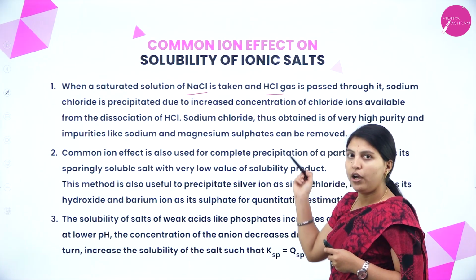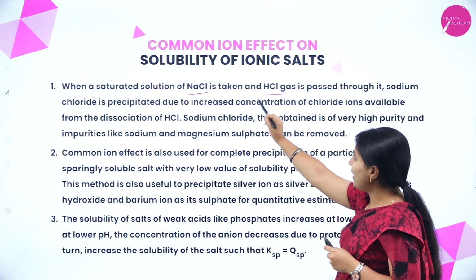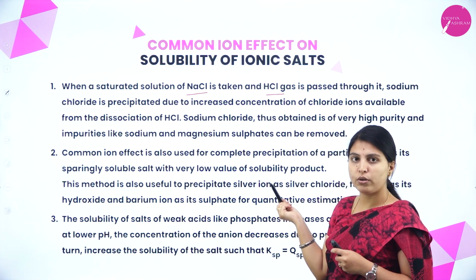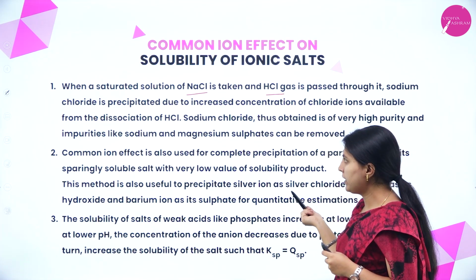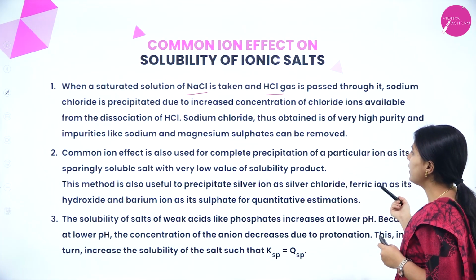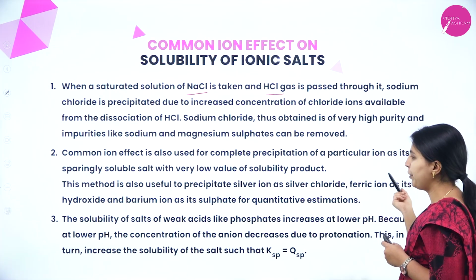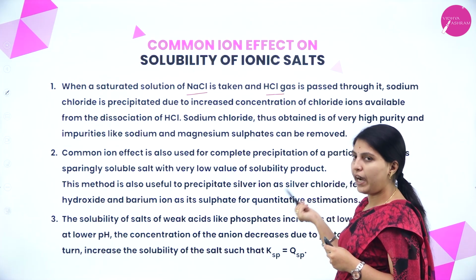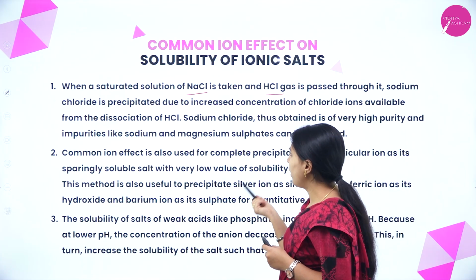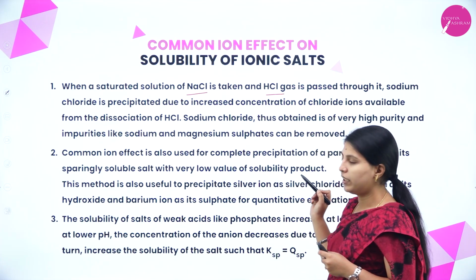What they are telling is that when sodium chloride is reacting with hydrogen chloride, obviously the chloride concentration will increase, and the sodium chloride thus obtained is of very high purity.